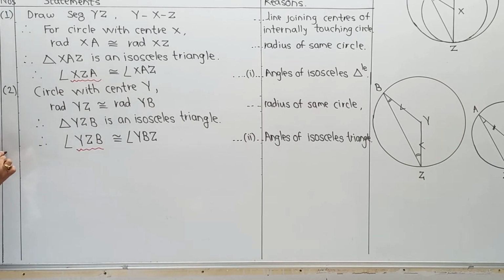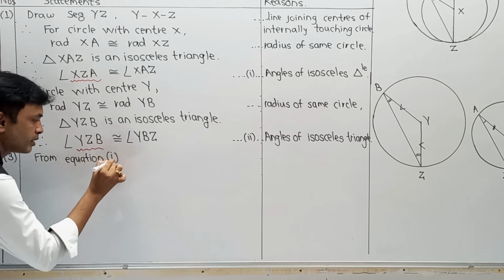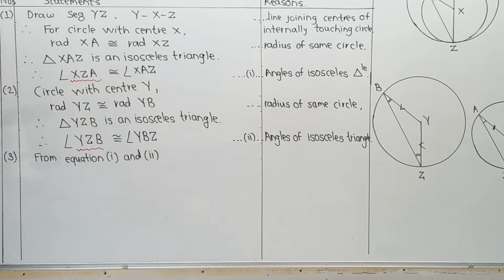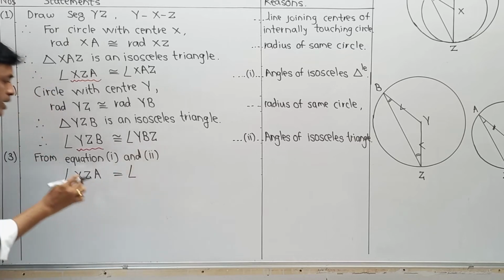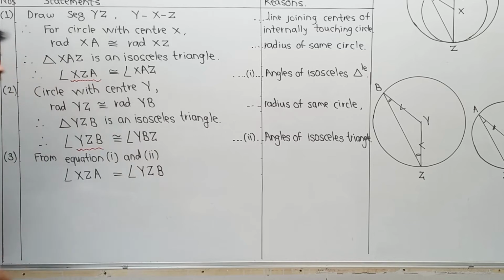Here the third part is, we have a supportive part from equation 1 and equation 2. So we are writing from that part. From equation 1 and 2, the first part is angle XZA is equal to angle YZB.